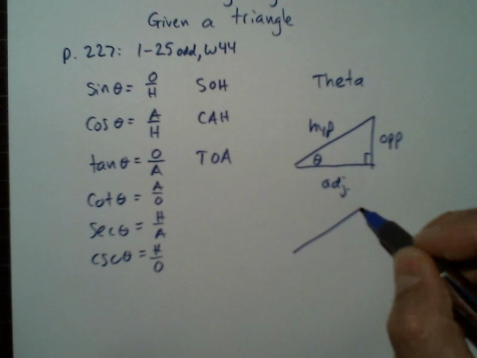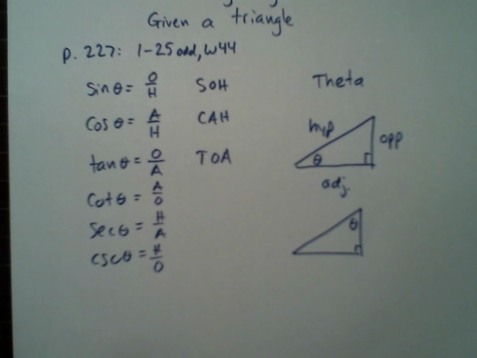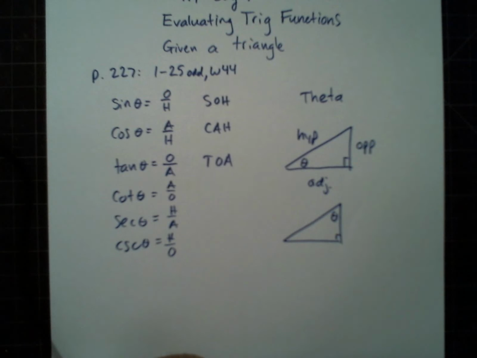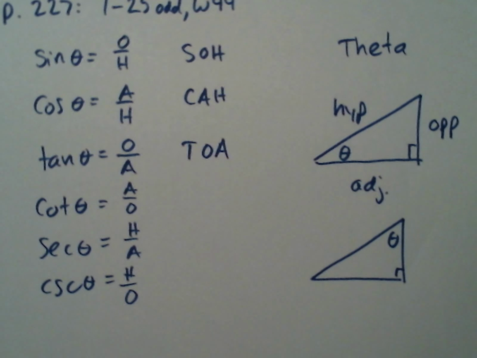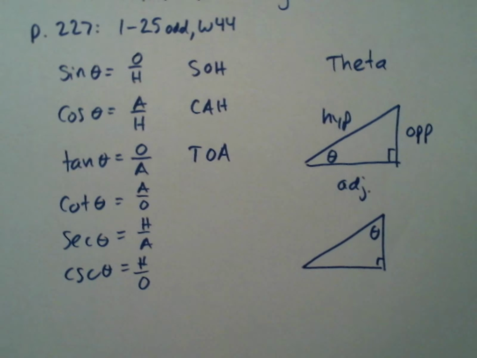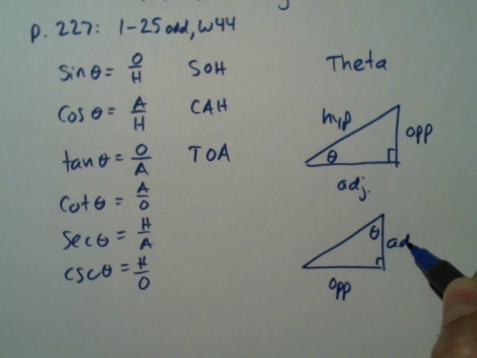If we call that theta, and we're going to talk about that one, then this would be called the opposite, and there's the adjacent and the hypotenuse.